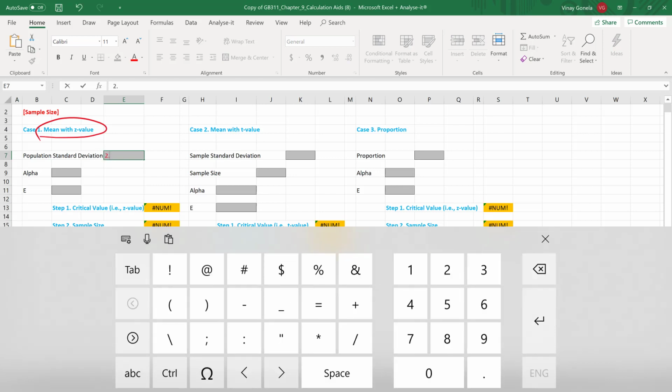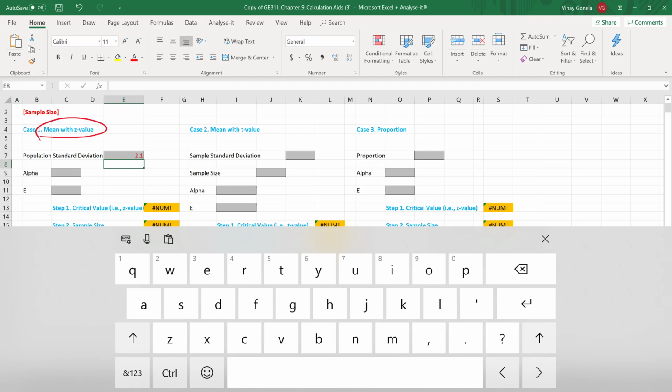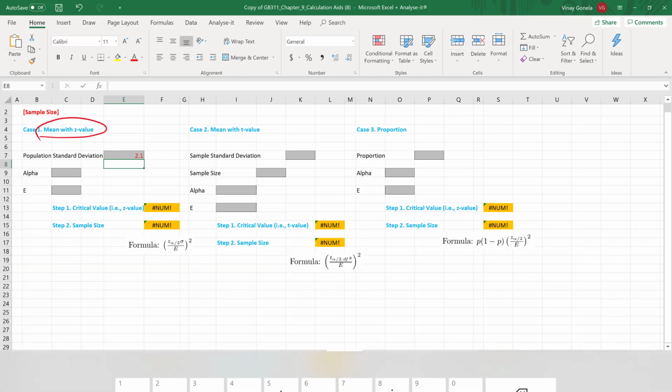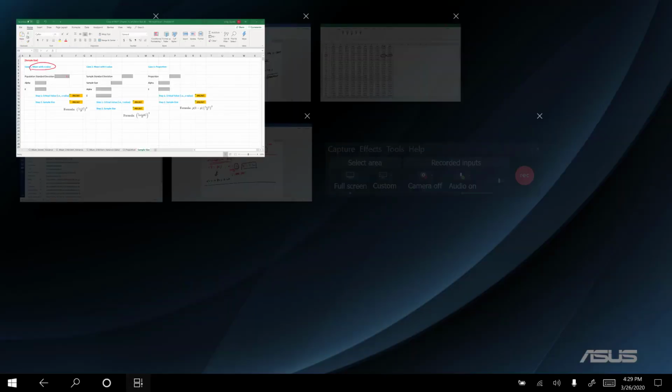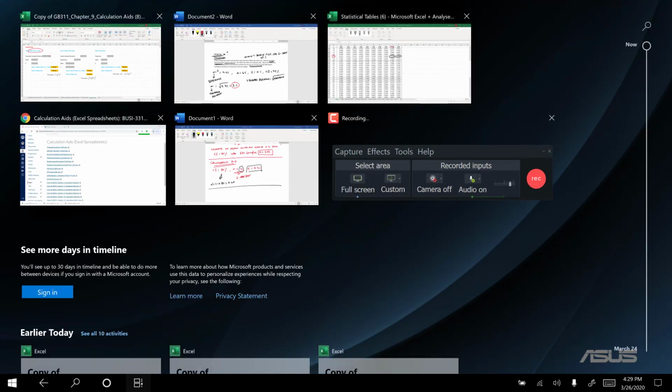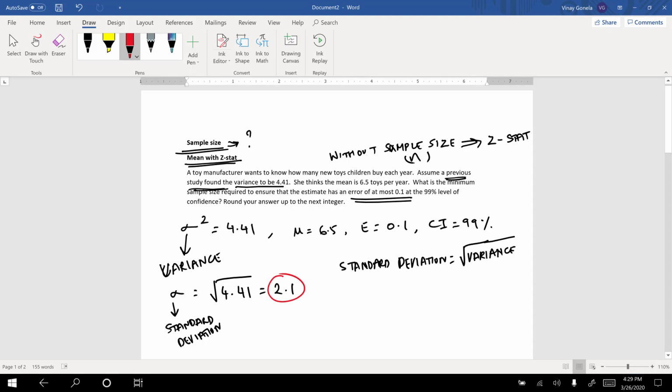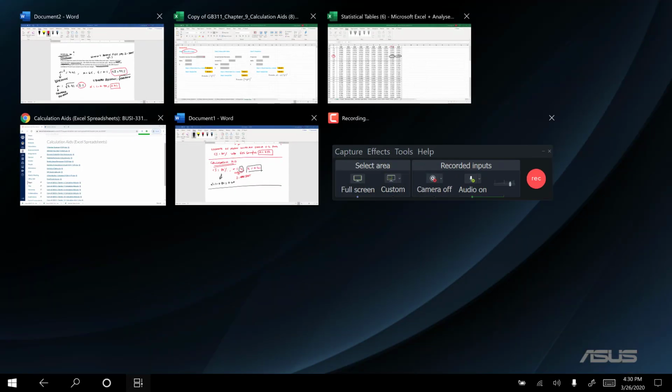Then I need the alpha value, so I will go to my Word document and see what alpha is. They gave us a 99% confidence interval, so alpha would be 1 minus 0.99, that is 0.01. So I will key in that value.